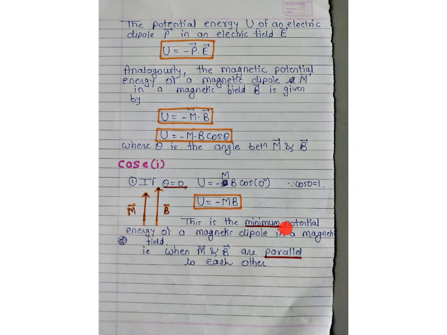This is the minimum potential energy of a magnetic dipole in a magnetic field, when the magnetic dipole moment and magnetic field are parallel to each other. So theta is 0 and U is equal to minus MB, which means it gives the minimum potential energy when these two are in parallel position.